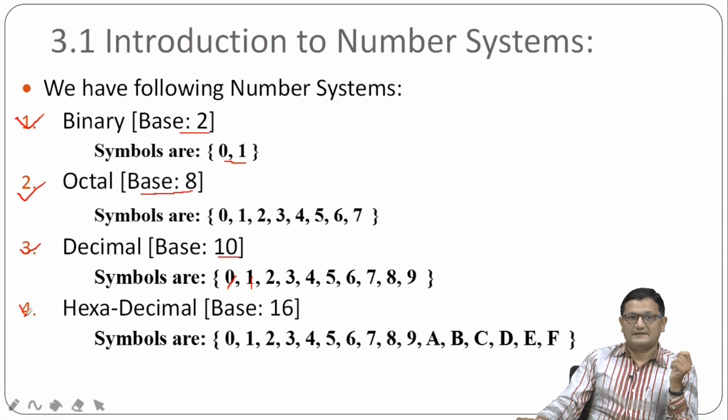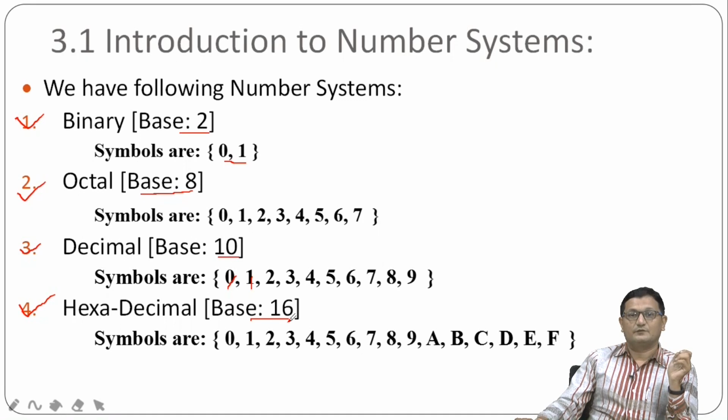One more number system is the hexadecimal number system. In the hexadecimal number system, we can use 16 symbols to represent a single digit of a number, right? So total 16 symbols, and that is why the base of hexadecimal is 16, right? Now you people might think, okay sir, after 0 to 9 what? There are 10 symbols.